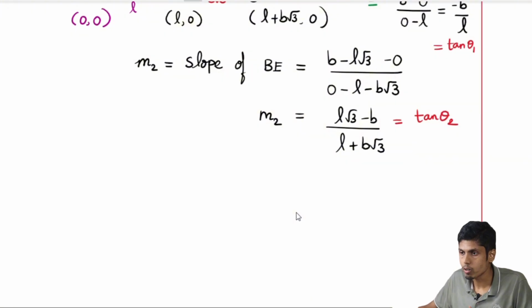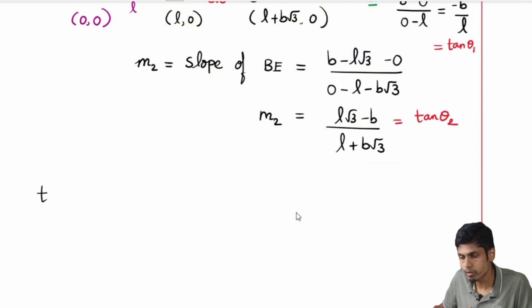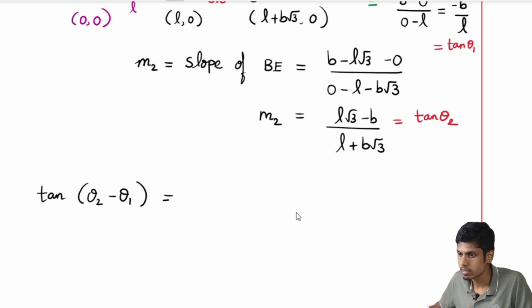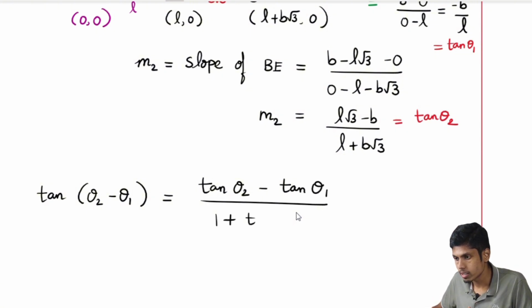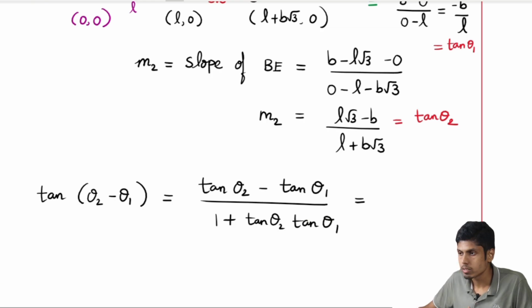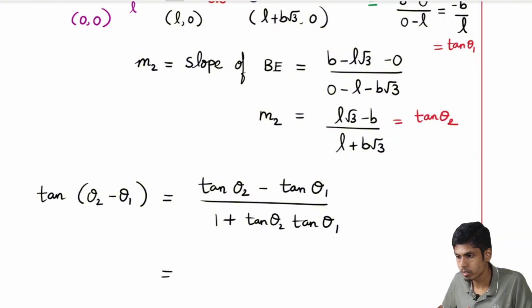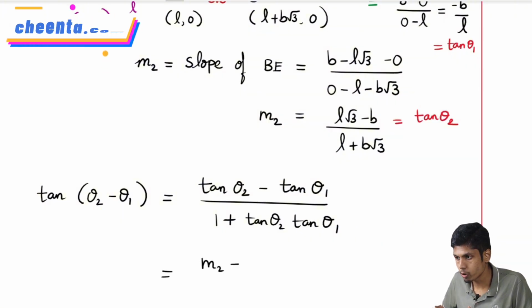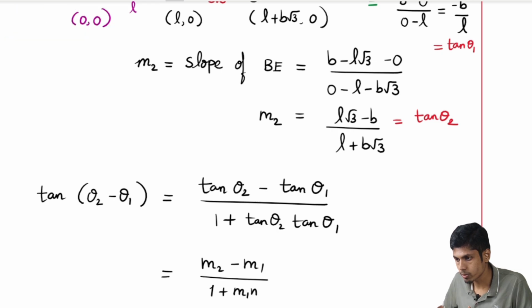Simple. Tan of the difference theta 2 minus theta 1 has an expansion: (tan theta 2 minus tan theta 1) upon (1 plus tan theta 2 tan theta 1). So we are going to substitute the values of the slopes that we found: (m2 minus m1) by (1 plus m1 m2).